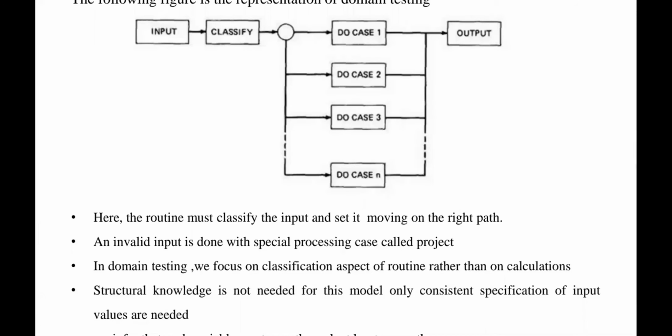The routine must classify the input and set it moving on the right path. The purpose of the classifier is to check whether the path taken, or the input values taken, are going the correct way or not. That is the main purpose of the classifier. Whether it is working on the right path or not is checked by the classifier.